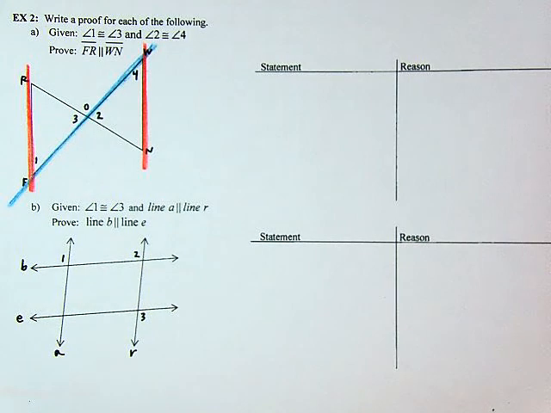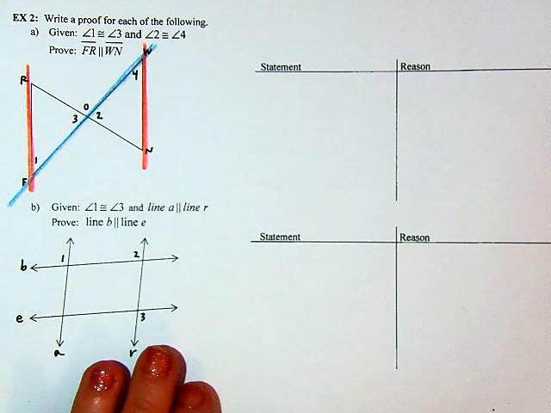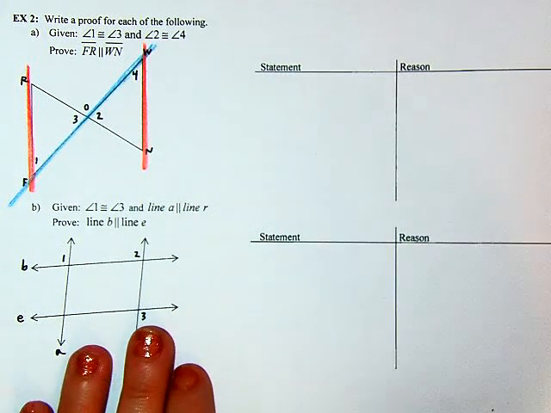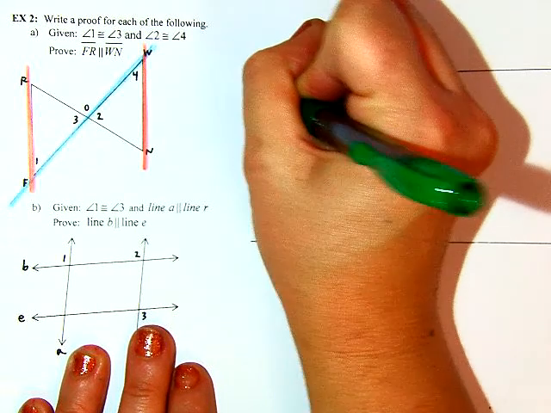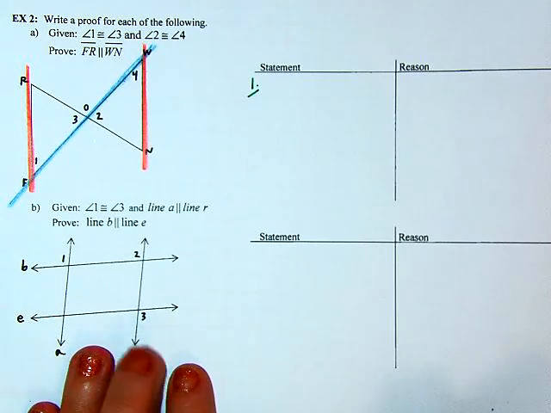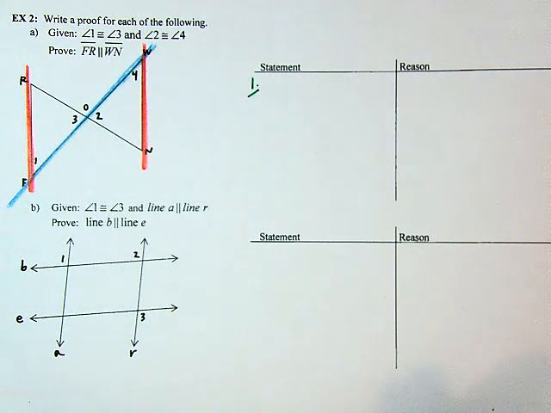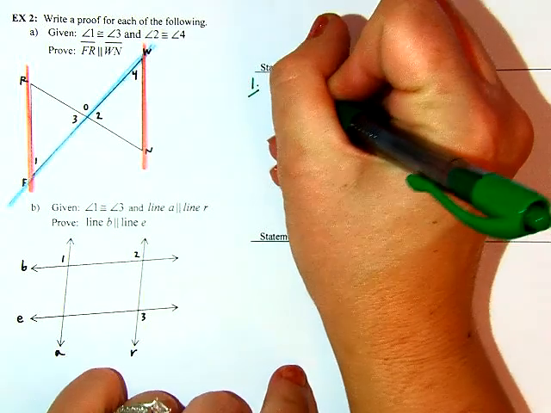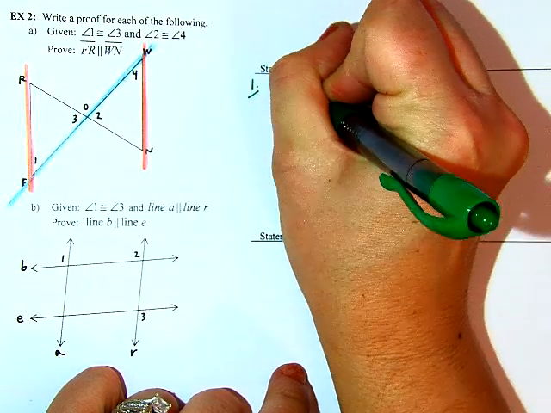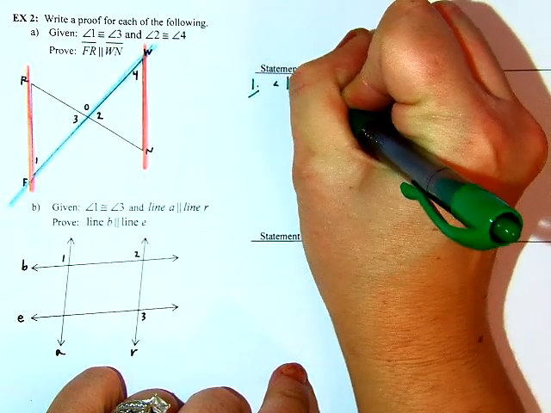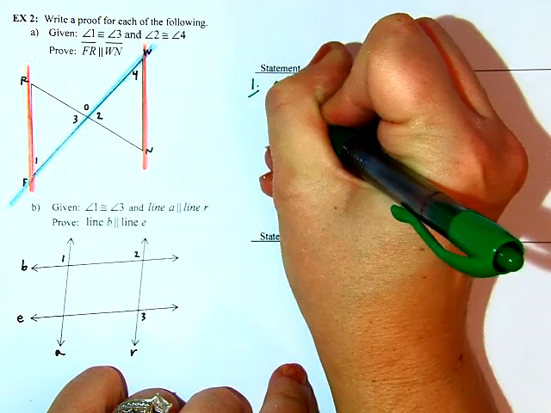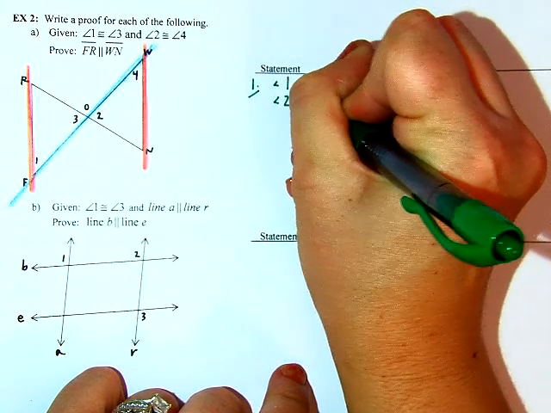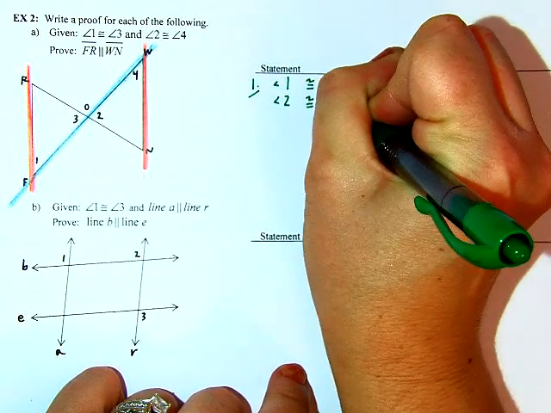All right, so let's start with what we are given. Now, I've said this a couple of times. Sometimes we split up the givens and sometimes we lump them together. I see no reason to not lump them together this time. So I'm going to say that angle 1 is congruent to angle 3 and angle 2 is congruent to angle 4.